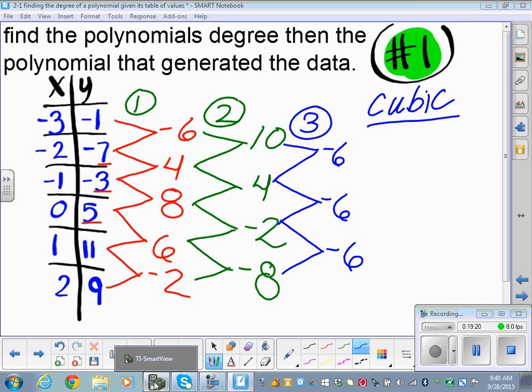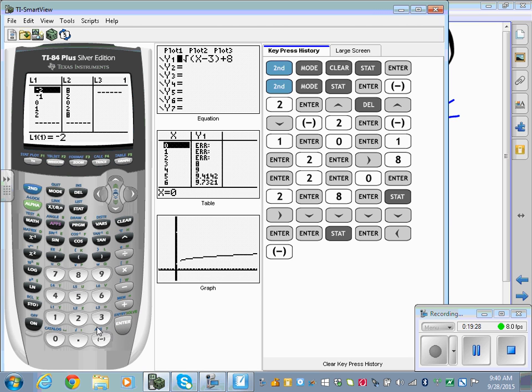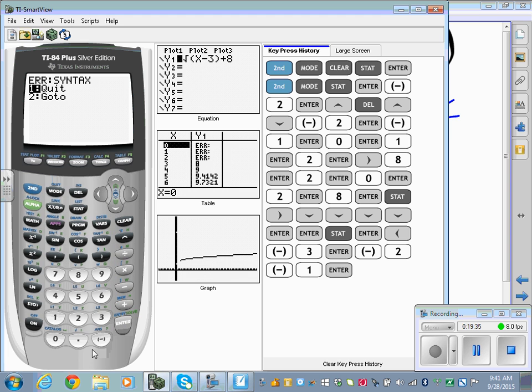So you'll pull up your calculator. You'll go to stat. You'll hit edit. Hit enter. Then in list 1, we had -3. You can just type over it as well. So -3, hit enter. -2, -1, 0, 1, 2.